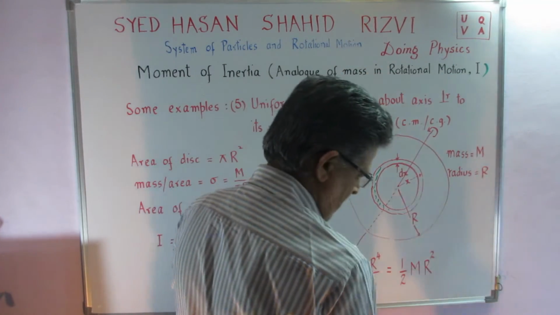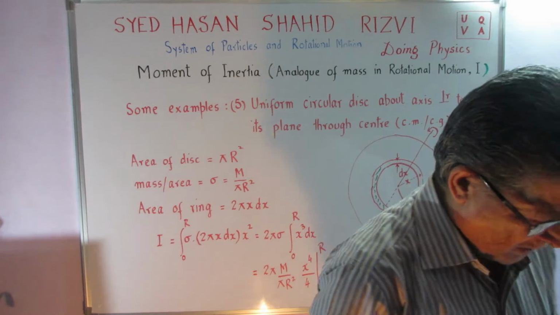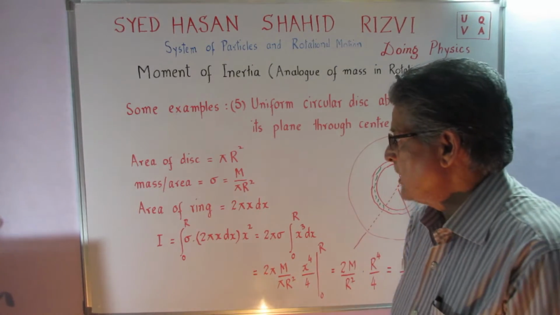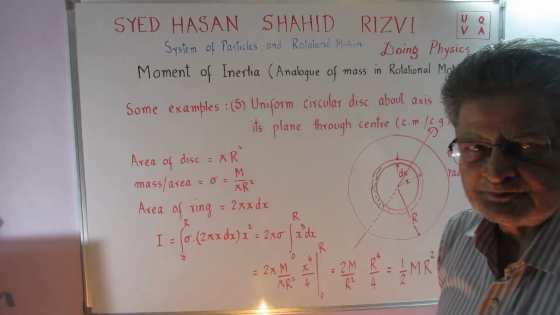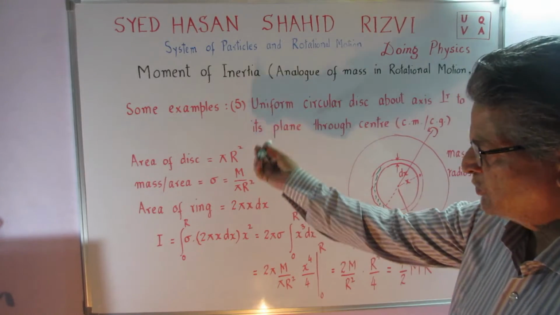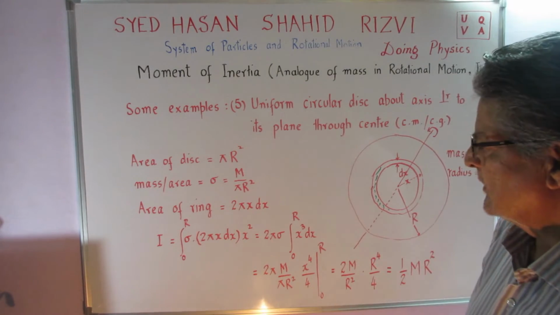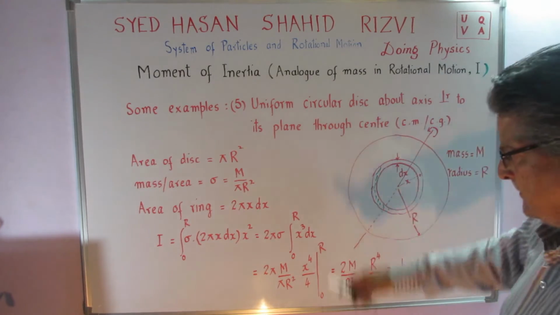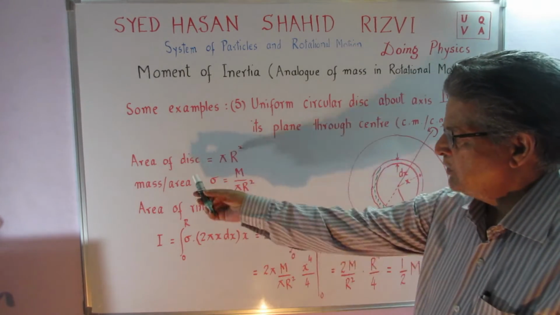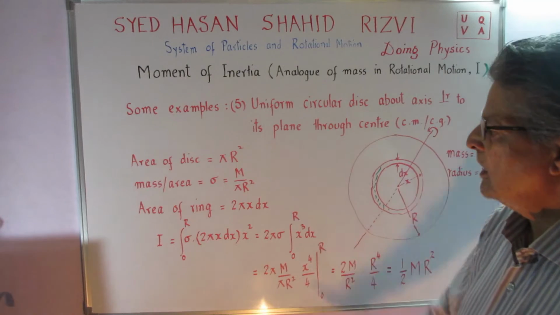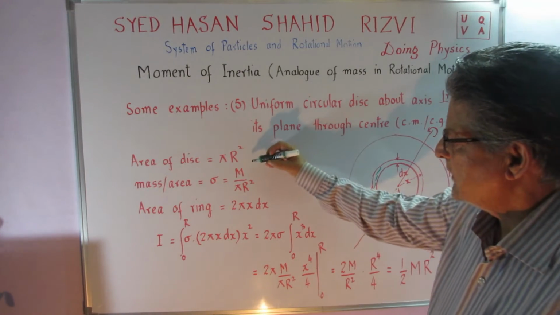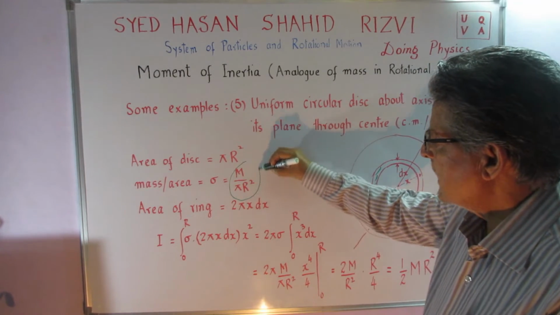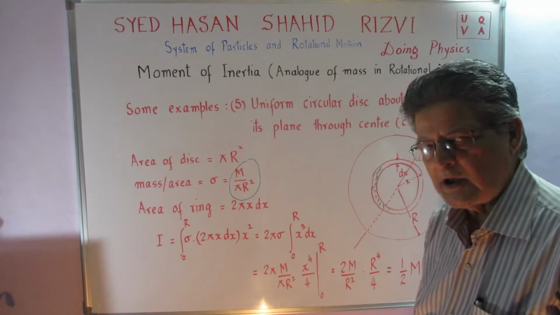So first of all, I must know the area of the disk. The area of the disk is pi r square, you know it. Everyone knows. And the circumference is 2 pi r. So the mass per unit area I define as sigma. This I can write as m upon pi r square.